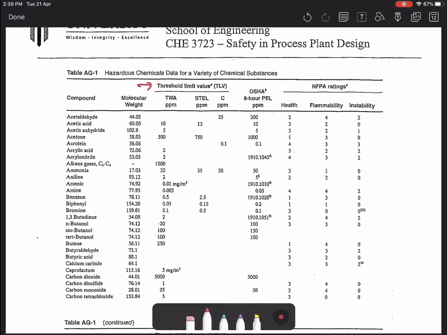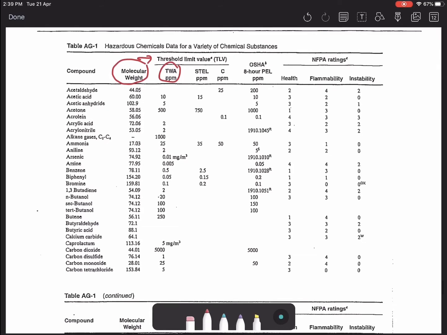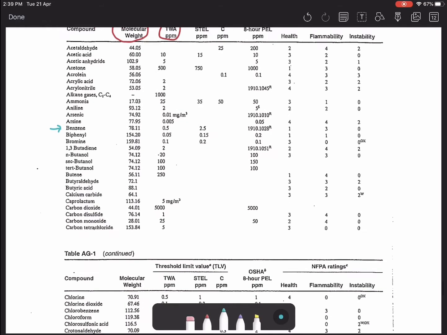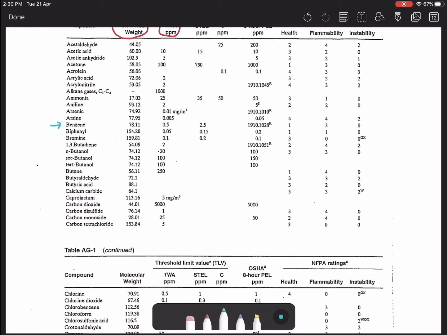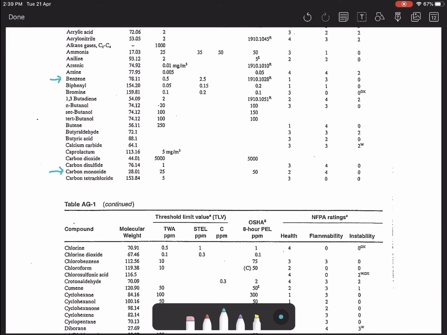So we have our TWA, and at the same time, because we need it to calculate, your molecular weight is given here. We are looking for three chemicals. One is benzene, so let's find out where benzene is. Benzene's here, and we are also looking at carbon monoxide, and also chlorine.